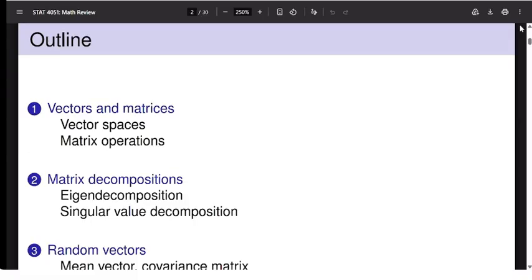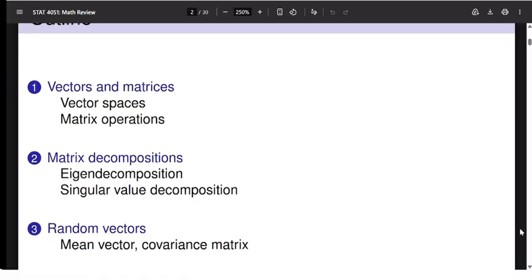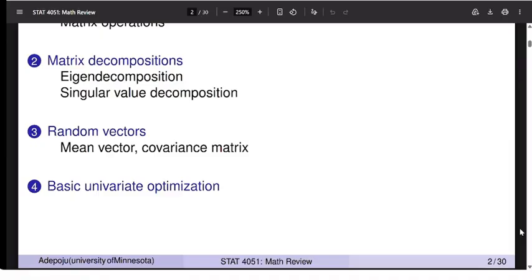So we're going to talk about vector spaces, matrix operations. We're also going to talk about the Eigen decomposition, singular value decomposition. We're also going to talk about the mean vector, the covariance matrix.